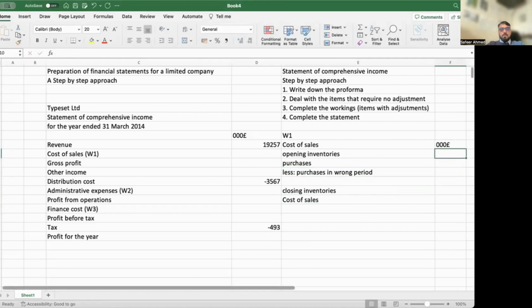If you look into the trial balance, this opening inventories is given to you, which says inventories at 1st of April 2013. Remember that our year end is 31st of March 2014, which means that 1st of April 2013 was the beginning of the year. So which is 3921.